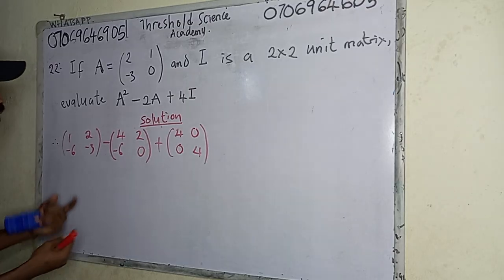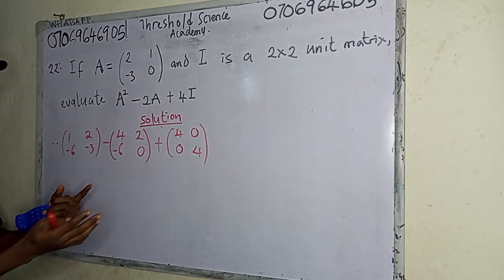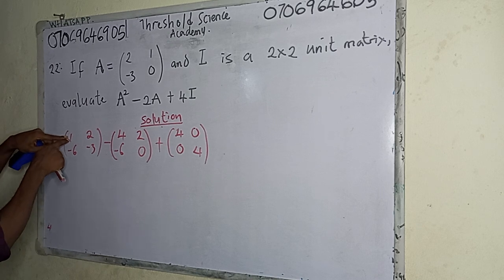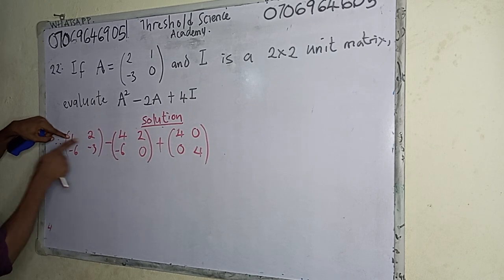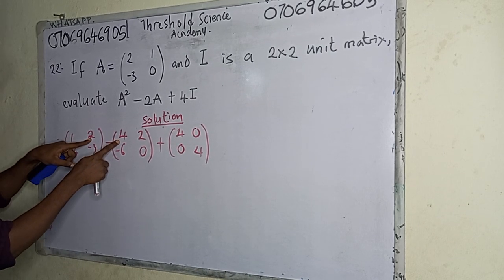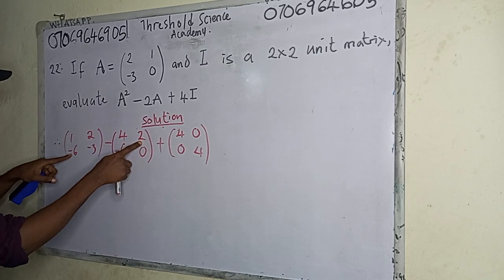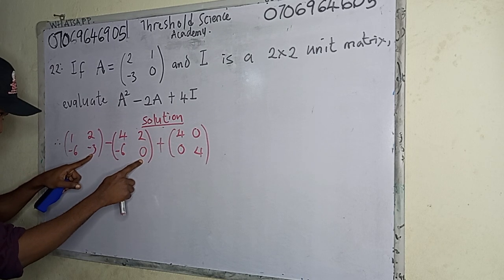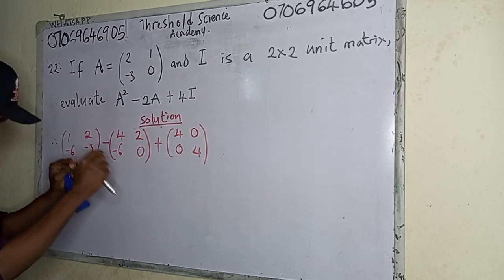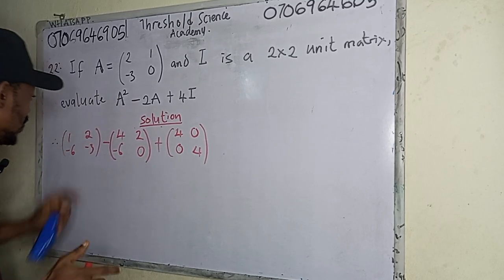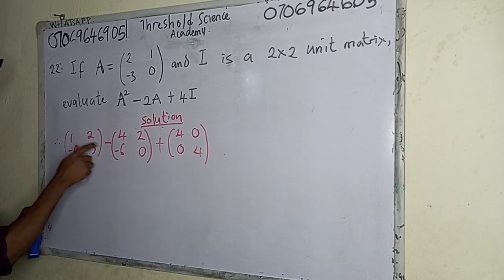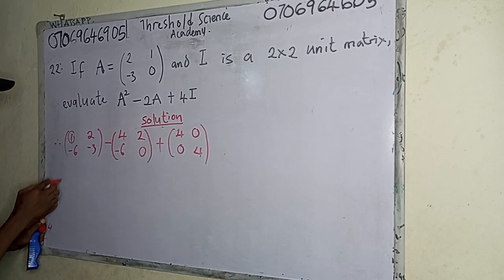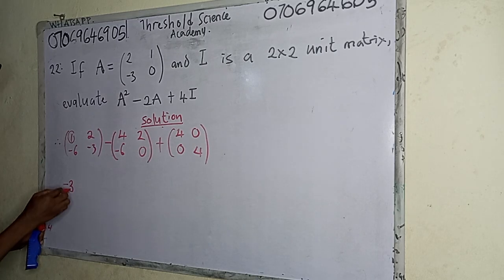So how do you add or subtract matrices? You look at the corresponding elements. The corresponding element to 1 in this matrix is 4. Corresponding element to 2 is 2. Corresponding element to minus 6 is minus 6. Corresponding element to minus 3 is 0. It is the corresponding elements that I'll be adding or subtracting as the case may be. So I have 1 minus 4, that's minus 3.